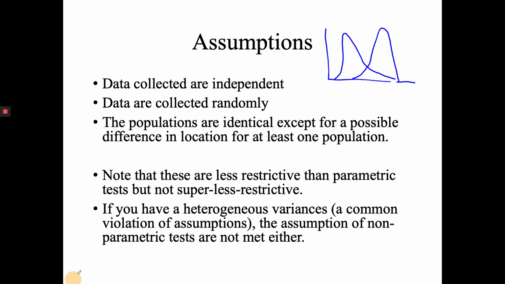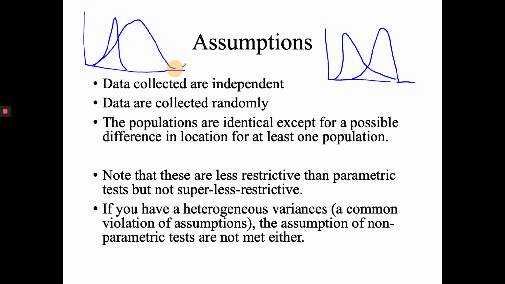In a similar way, you could have two distributions, one that has a very narrow variance, a very narrow distribution, and another one which has a very wide distribution. Once again, these may both be normal, but they have heterogeneous variances.